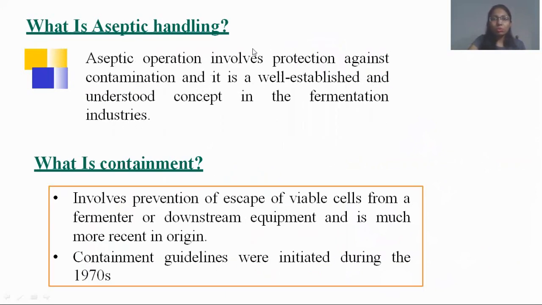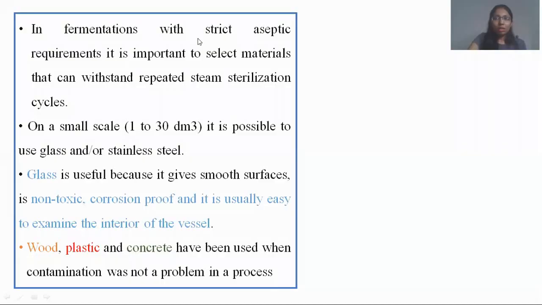Now let's move to the next part. What are the materials that are used in the bioreactor? We have to maintain aseptic conditions, so before upstream processing, it needs to get sterilized.